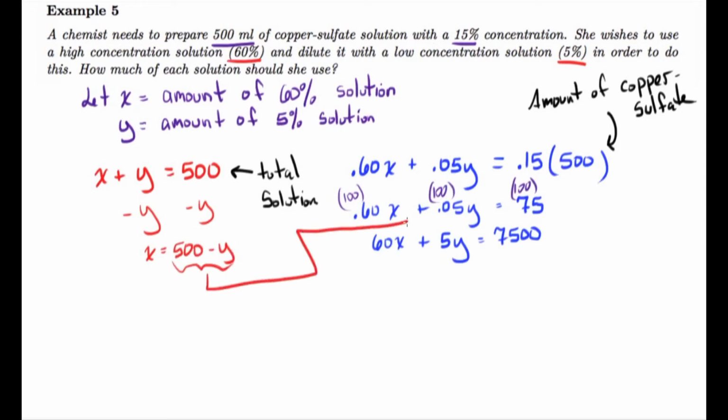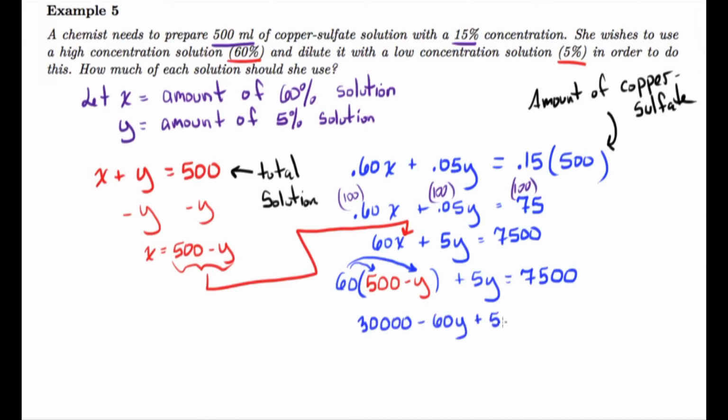0.6X plus 0.05Y would give me the concentrated part, and that has to be 15% of 500, or 0.15 times 500. So here you see I multiply by 100 to get rid of the decimals. I solve for X in the first equation. I could have solved for Y, doesn't matter.